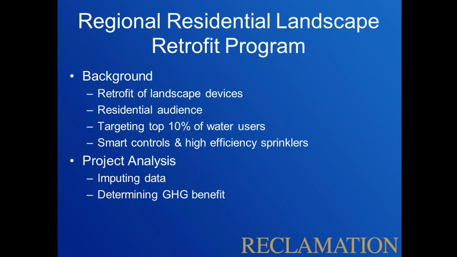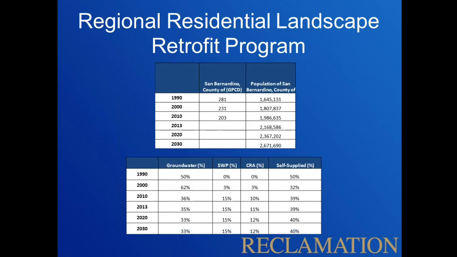So the people who are really using a ton of water, if you can get them to change their landscape, do some xeriscaping, some of them it might cut their water by 50%, but it's just the top 10% water users that are being targeted. And the targets are going to be through smart controls and high efficiency sprinklers. I didn't show you guys on that last one how you can evaluate if it reaches a larger audience, but I will on this one.